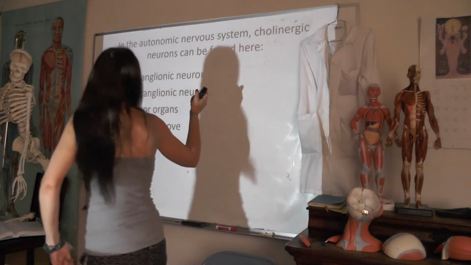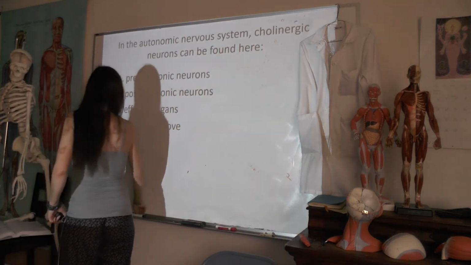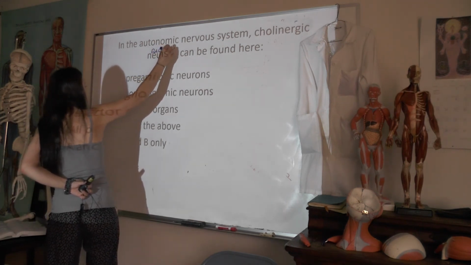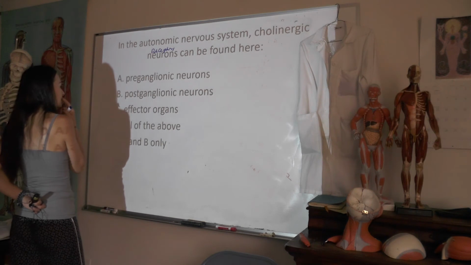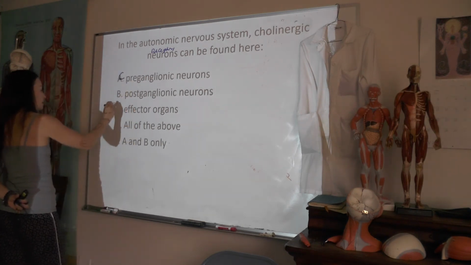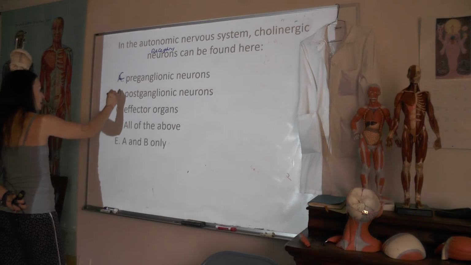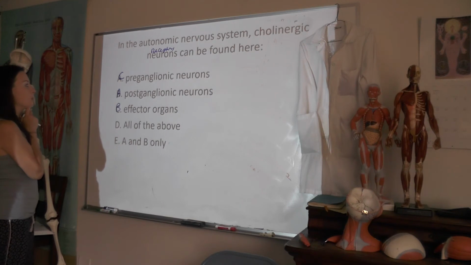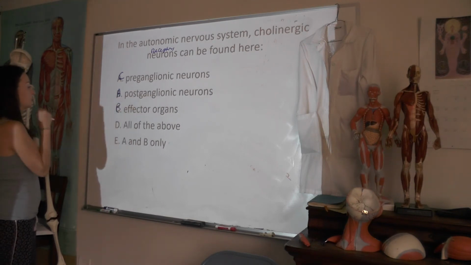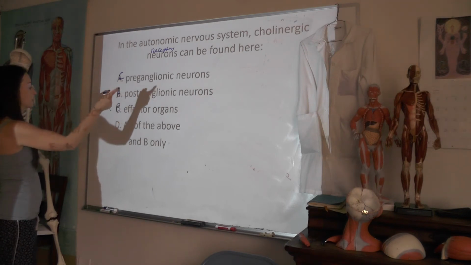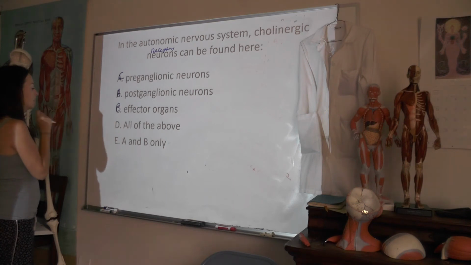Okay, now let me ask this question a different way. In the autonomic nervous system, cholinergic receptors can be found here: postganglionic neurons, effector organs, preganglionic neurons, all of the above, A and B only.